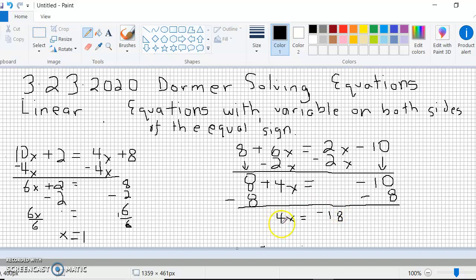Okay, and then I'll divide both sides by 4. Because what I do on one side, I have to do on the other side, and I want to isolate my x.